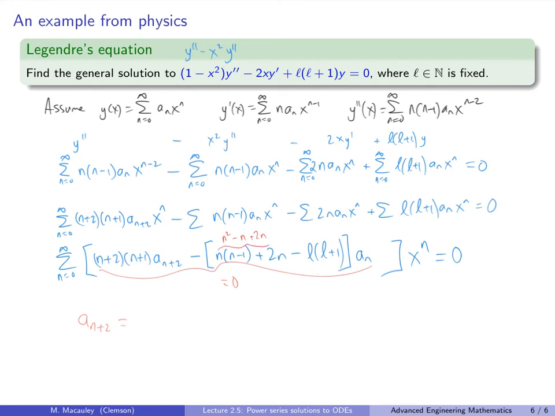That's n squared minus n, which is n times n minus 1. Oh, that's convenient. We have an n minus 1 and an l times l plus 1, so we have n minus 1 minus l times l plus 1.